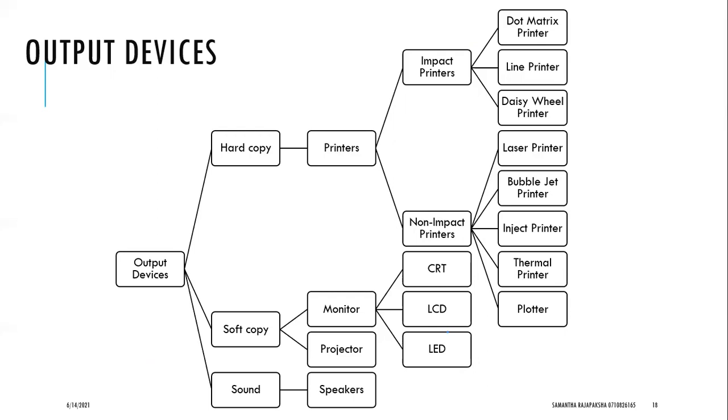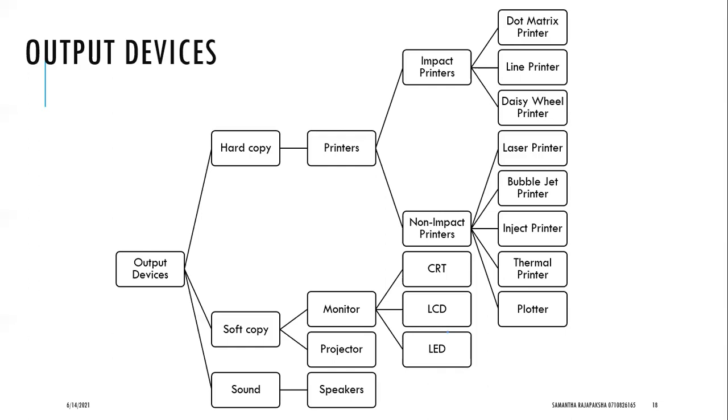The dot matrix printer, line printer, and daisy wheel printer are mainly based on impact, which is very slow, very noisy, and low quality. But currently we are using non-impact printers, where there are no hammer-like tools, but different kinds of spray mechanisms to produce the output on the paper, like laser printer, bubble jet printer, inkjet printer, thermal printer, and plotter.